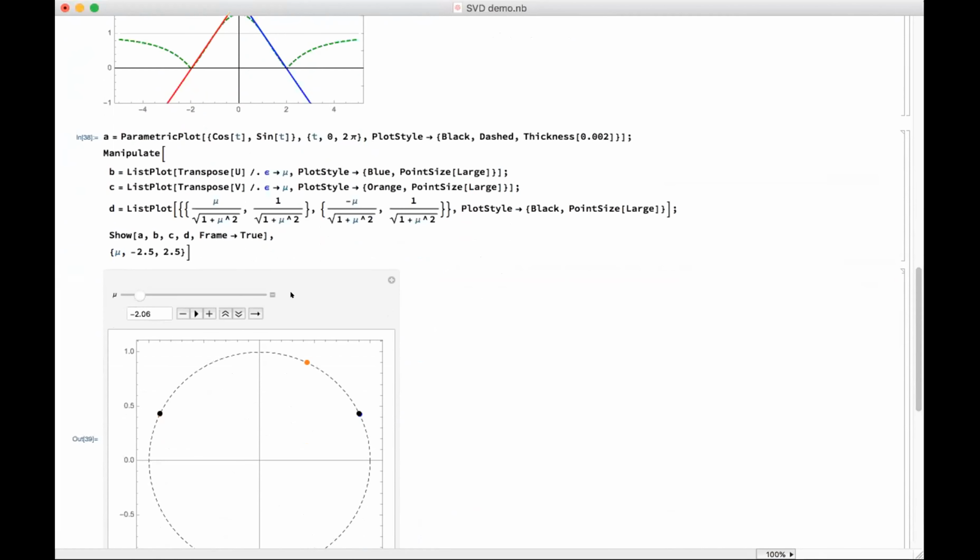Here, mu is just epsilon. So let me drag this. Okay, let's start with 0. At 0, the two eigenvalues are degenerate, and so are the two eigenvectors. So x plus equals x minus here.